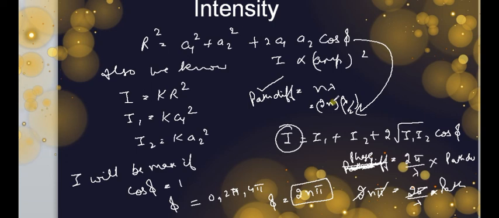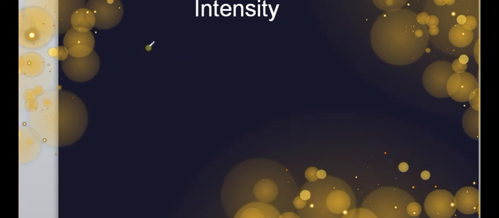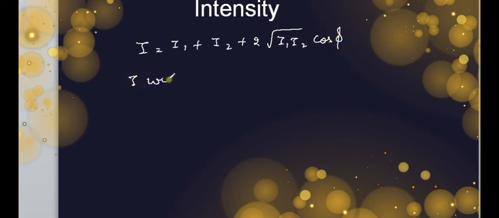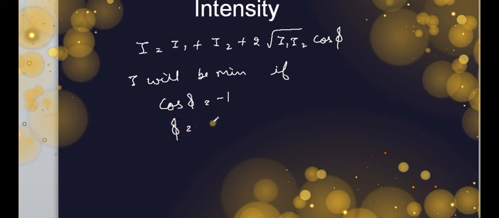Okay, so now in a similar way we proceed for the minimum intensity. The expression for the obtained intensity is I equal to I1 plus I2 plus 2 square root of I1 I2 cos phi. Now I will be minimum if cos phi is equal to minus 1, the minimum value, which is only possible if phi is equal to 2n plus 1 pi or 2n minus 1 pi.